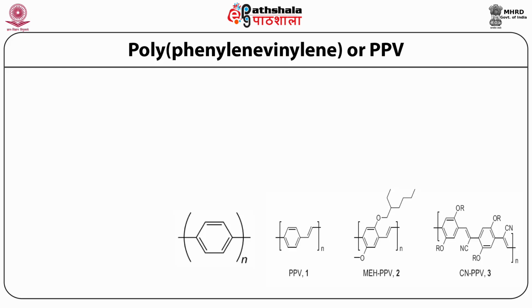One of the most important derivatives of polyphenylene is polyphenylene vinylene or PPV, which is a conducting polymer of the rigid rod polymer family. The schematic representation of PPV is also shown in the figure.